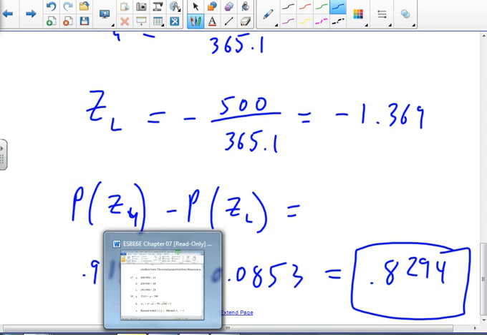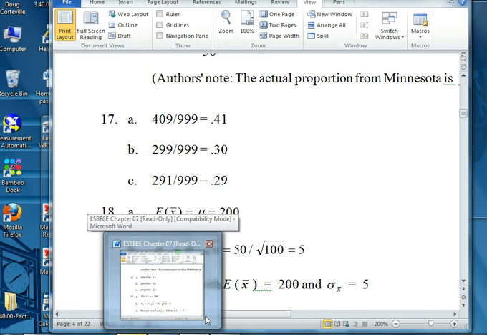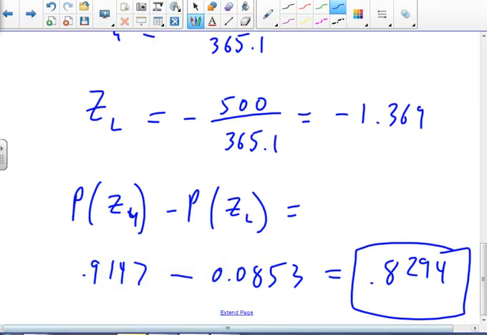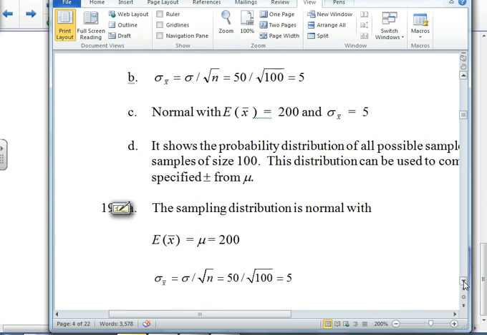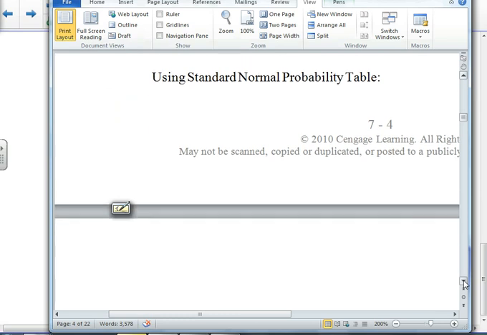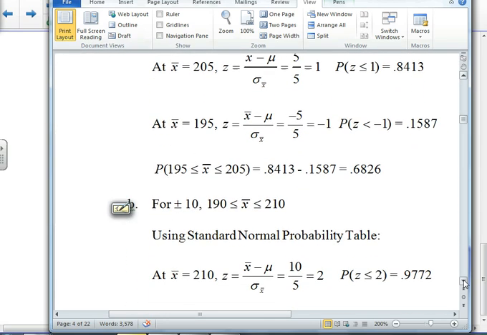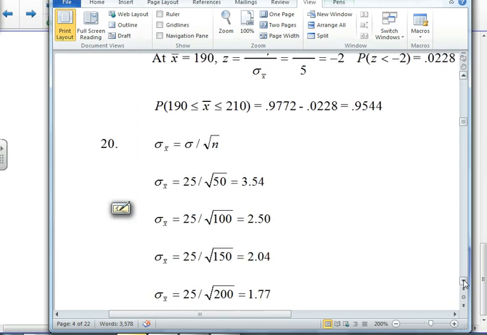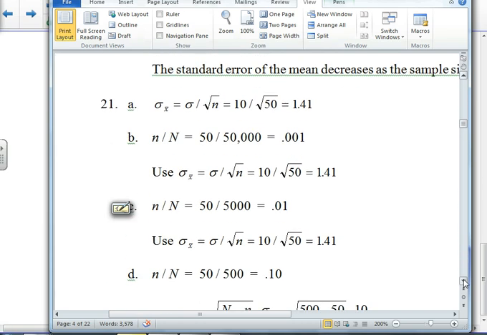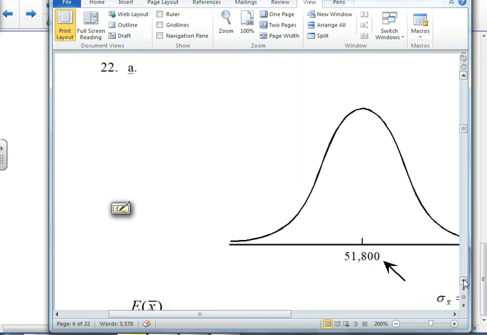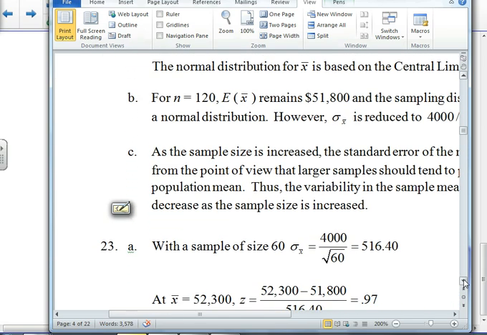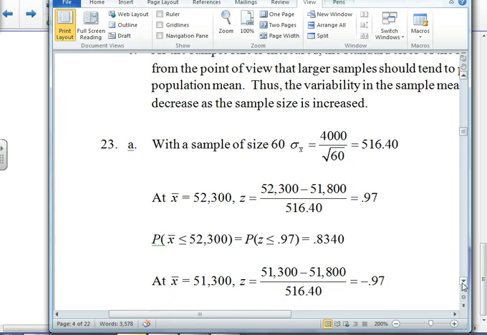And this is problem number 23. That's not what you have? Wrong button. Yeah, 0.8294.